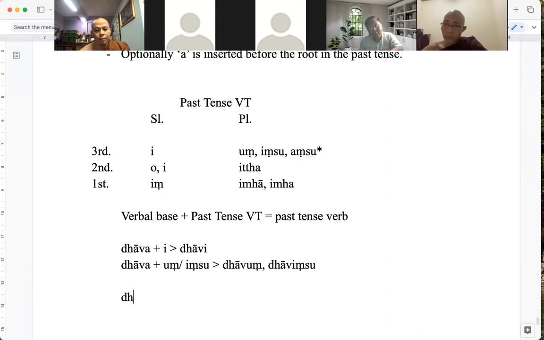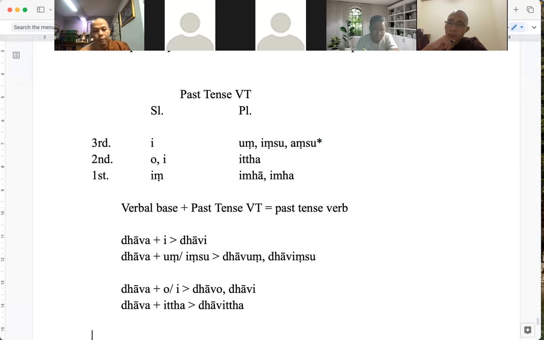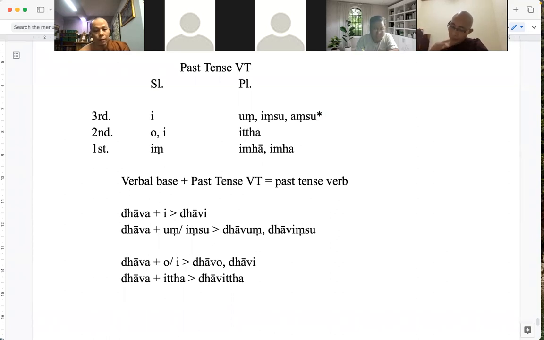And for the second person, to dhāva, by adding o or ā, we have dhāvo, dhāvā. For the plural, to dhāva, by adding the plural verb termination ttha, we have dhāvittha. And for the first person singular, to dhāva, iṃ is added, so we have dhāviṃ.